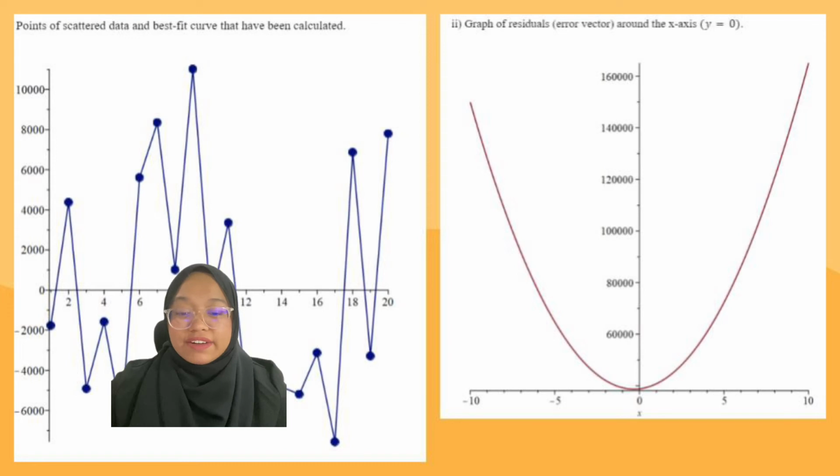Next, the graph of residuals, or the other name, error vector, around the x-axis, which is y equal to 0. As you can see, our x-axis is from negative 10 to 10. And we can observe that our graph is in a smile shape. Hence, these are two graphs that we obtained from the application named Maple.